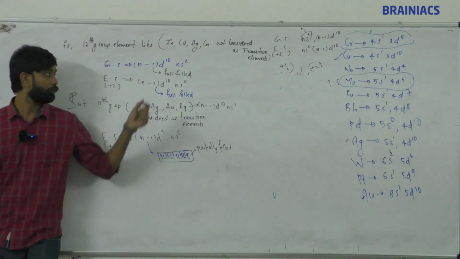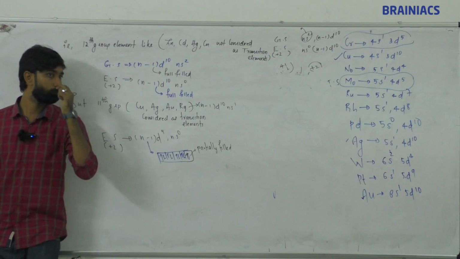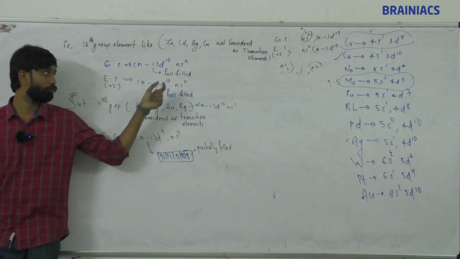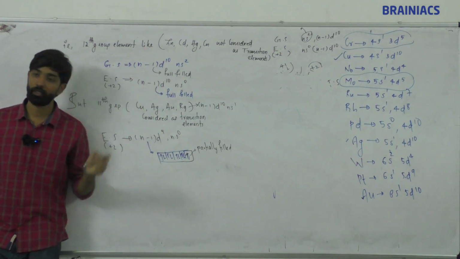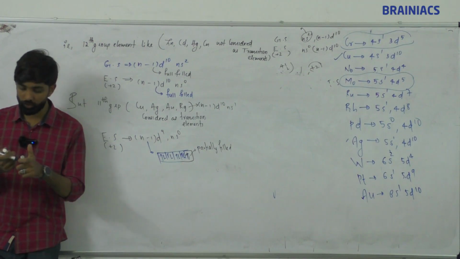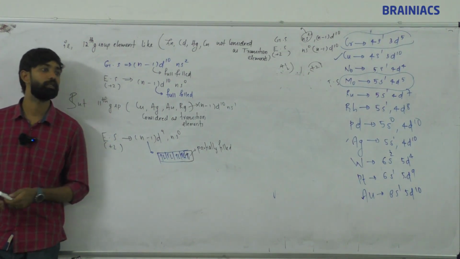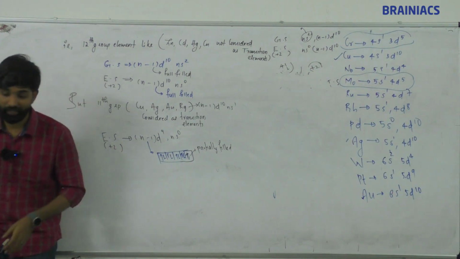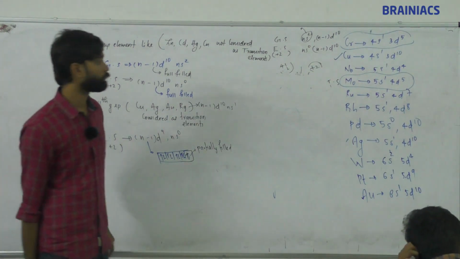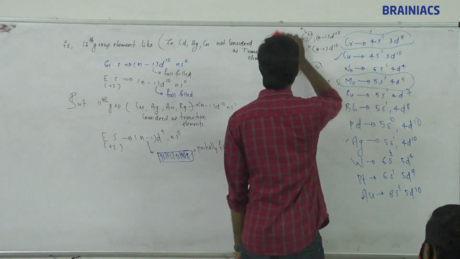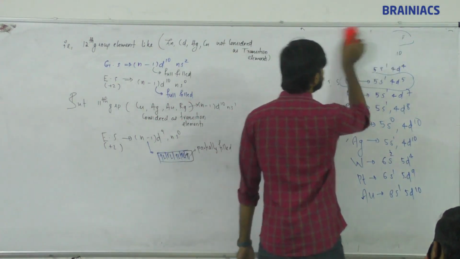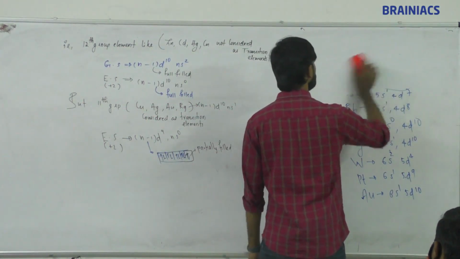But in the case of group 12, they can't form a partially filled d orbital in any state, either the ground state or a common oxidation state. So they are not considered as d block transition elements. Fine, that's the explanation. That's the point mentioned in your textbook.